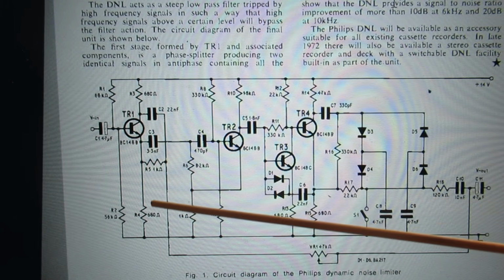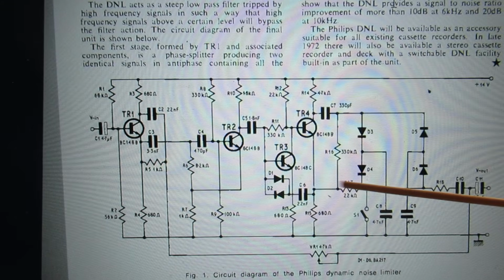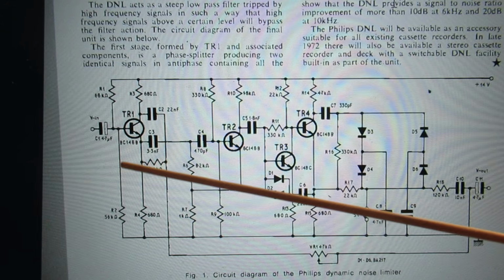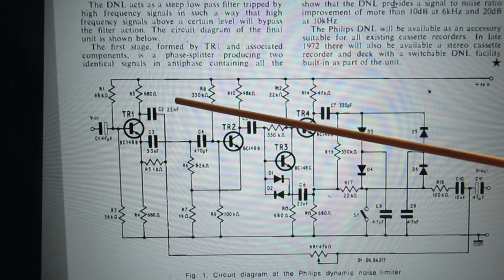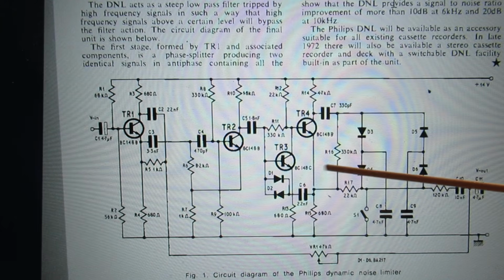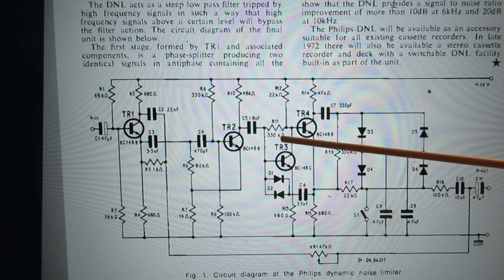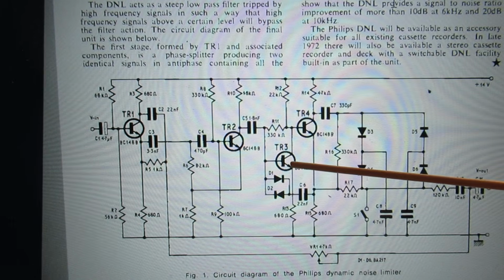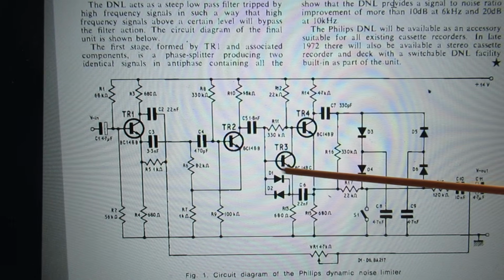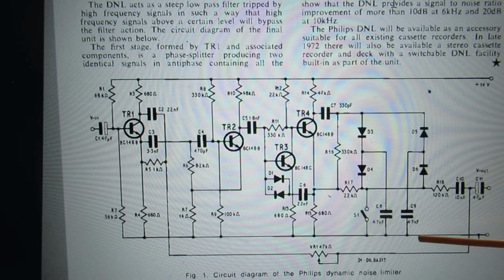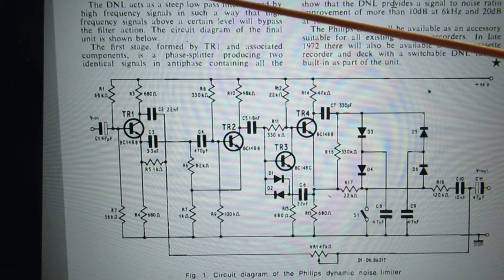They developed the Dolby system, Dolby A and Dolby B. In the Dolby system, the high frequencies are lifted up during the recording, but pressed down when the cassette tape plays this music. But this is the Philips invention, dynamic noise limiter.